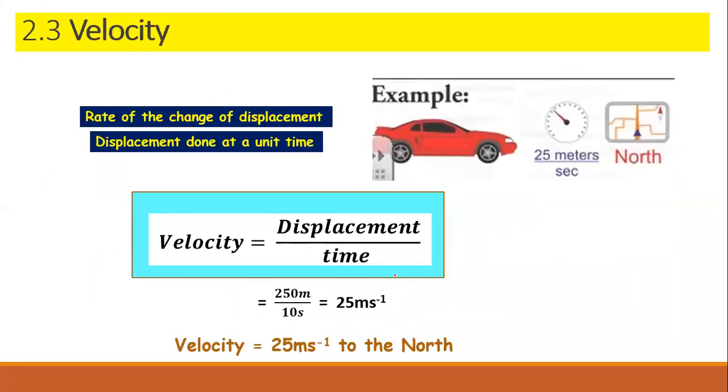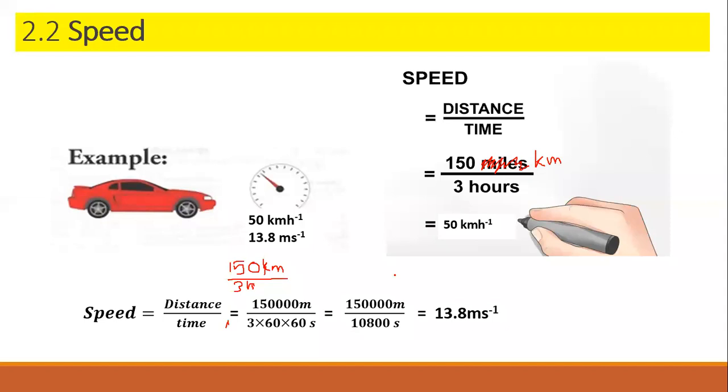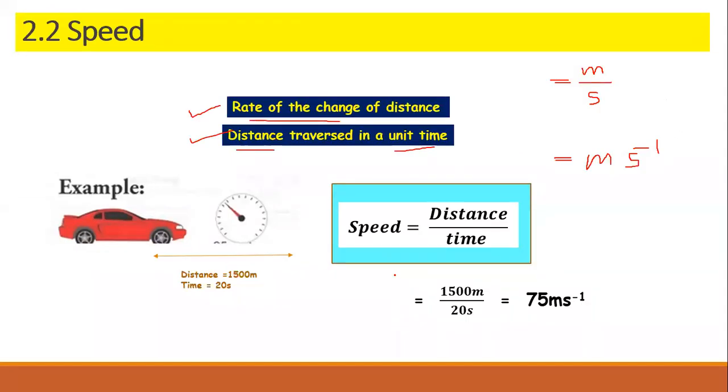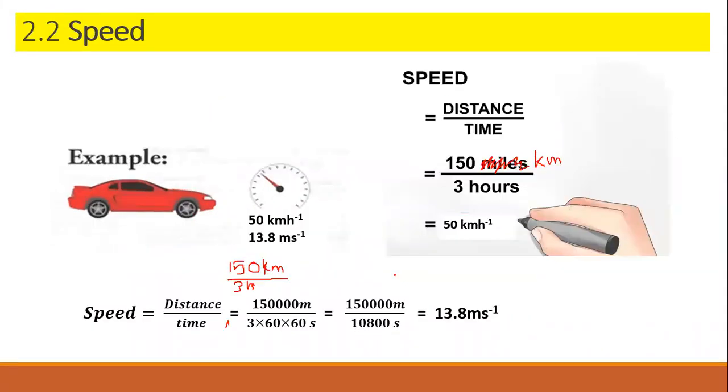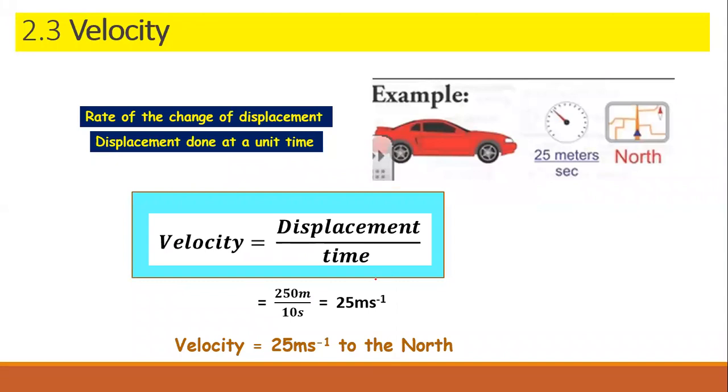Fine. Okay, we were discussing the speed, that is the distance divided by time. Now we are moving to velocity. So that is simple. Speed is about distance, velocity is about displacement. There's no change of unit, there's no change of magnitude.